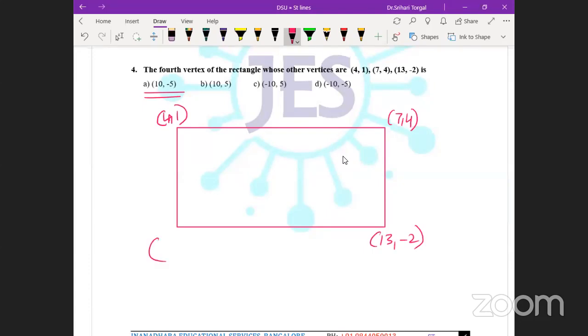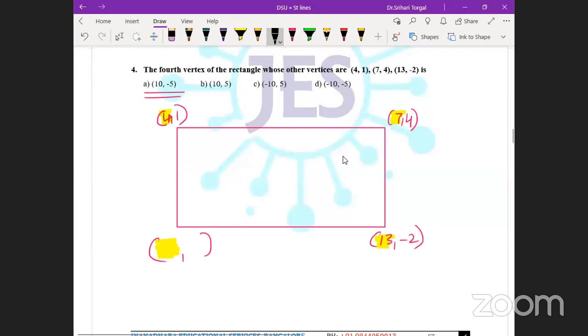And to get the fourth point, you need to take this 4, subtract this 7, then add 13. You will get the x coordinate of the fourth point.